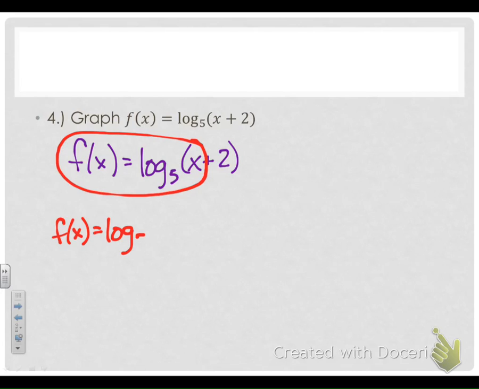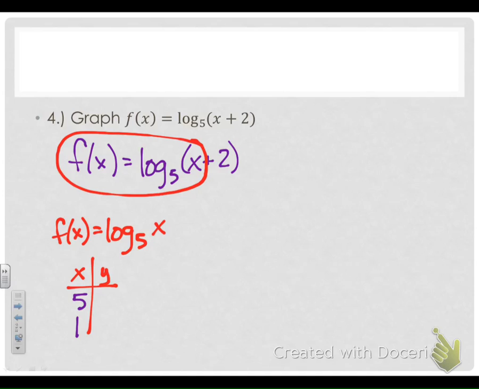I'm going to choose nice numbers. The two nice numbers we plug in are the base, because log base 5 of 5 simplifies to 1, and 1, because log base 5 of 1 will always be 0.